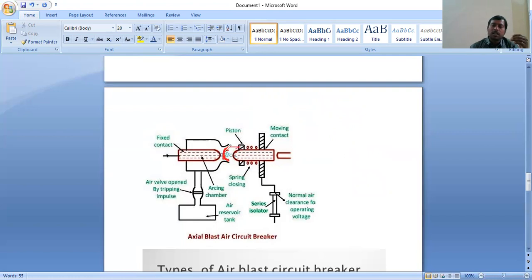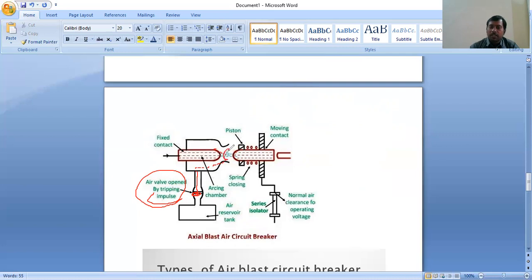When the small gap is like this, the air reservoir releases the air valve. The air valve will be opened, and a huge amount of air will come into this position.